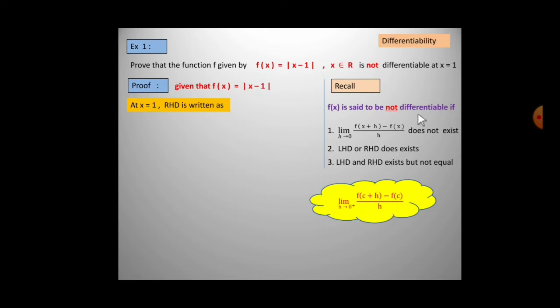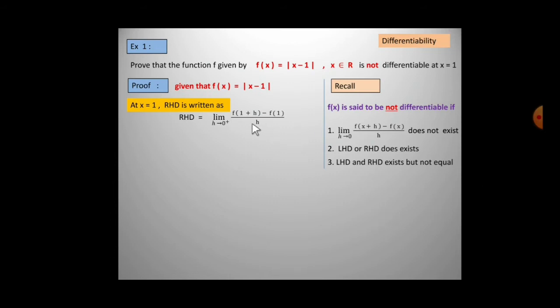Now which point is given? At 1 point. Therefore replace c is equal to 1. So RHD is limit as h tends to 0 plus f of 1 plus h minus f of 1 divided by h.